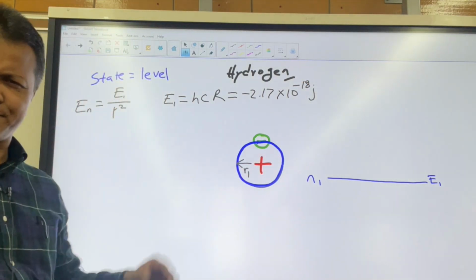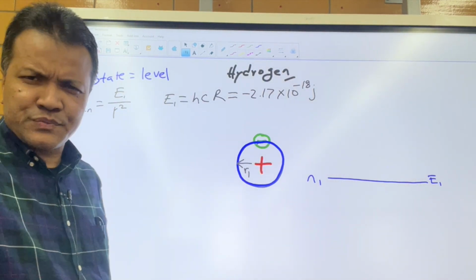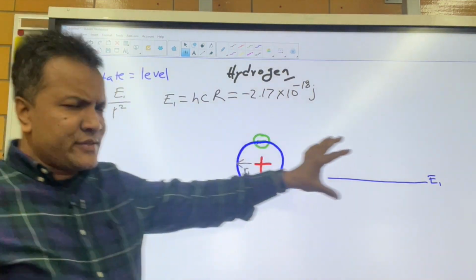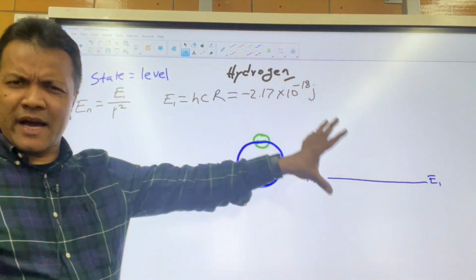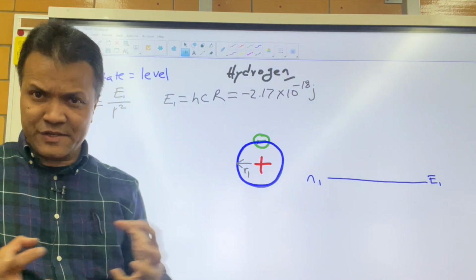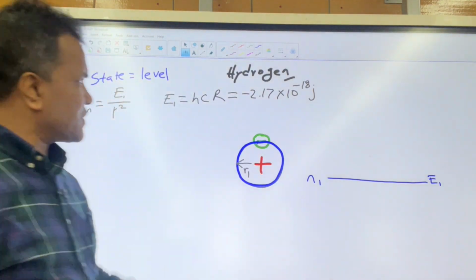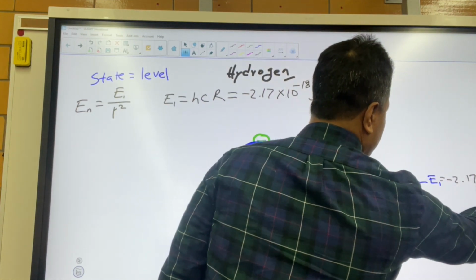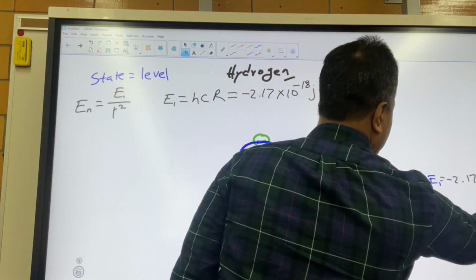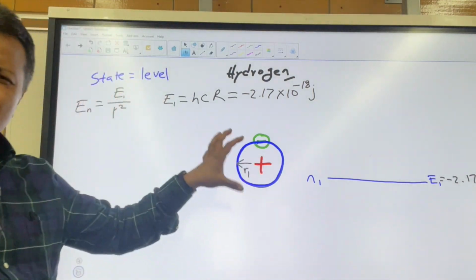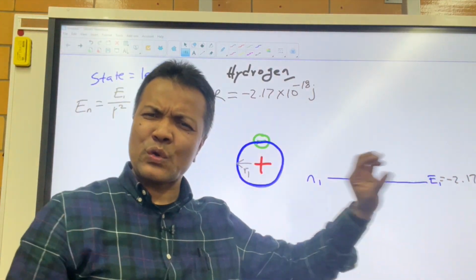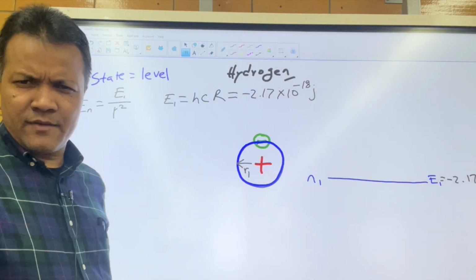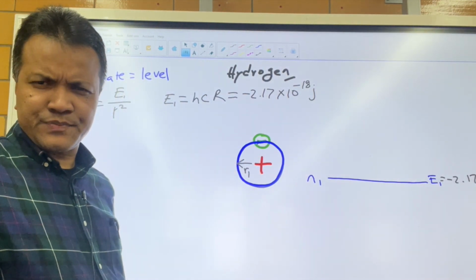So it's energy. E1 is energy. So at the ground state, this much energy. The proton uses this much energy to control the electron. This is the highest level of energy.